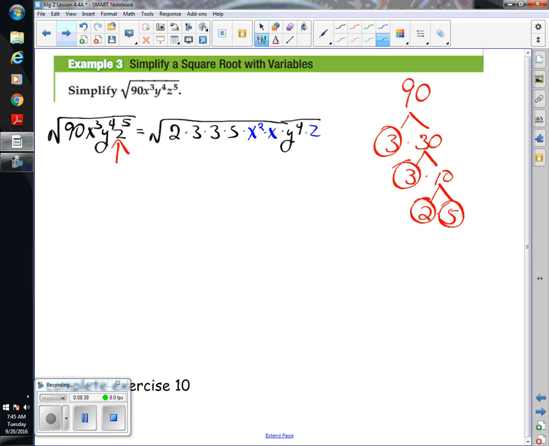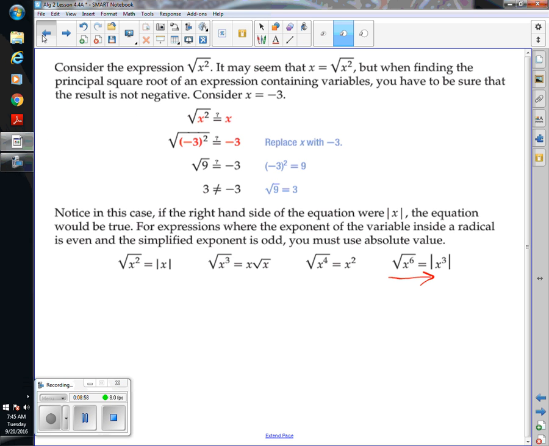Now, the reason I'm doing this is because another thing that you can do when you're dealing with square roots is, when I take something out, I can basically cut the power in half. So just like I did right over here, let's go to a better example. This one right here.